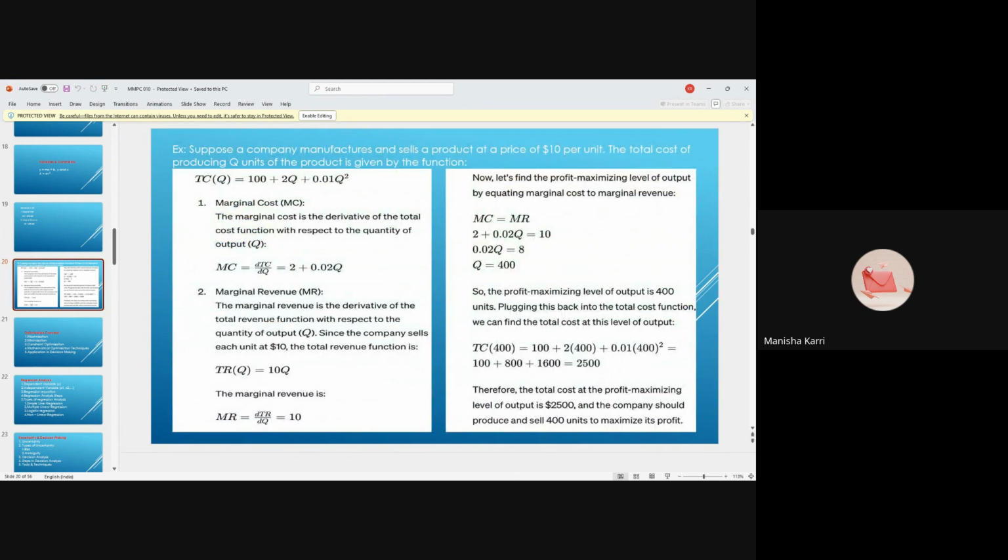Here you can see the example, so please take a look for 2 minutes.